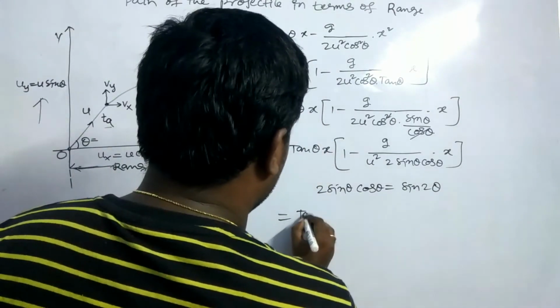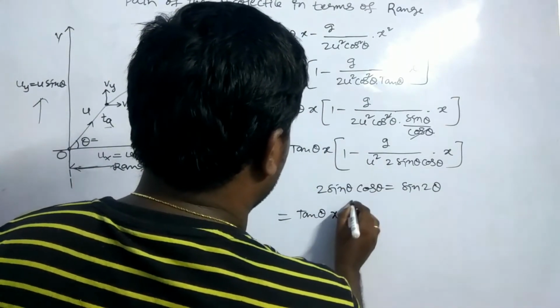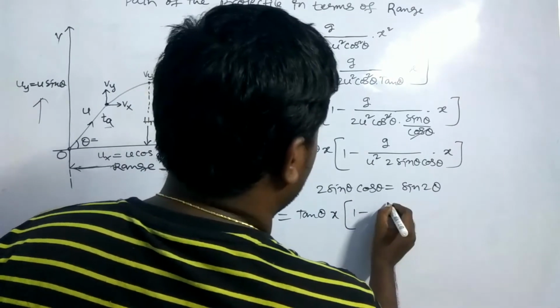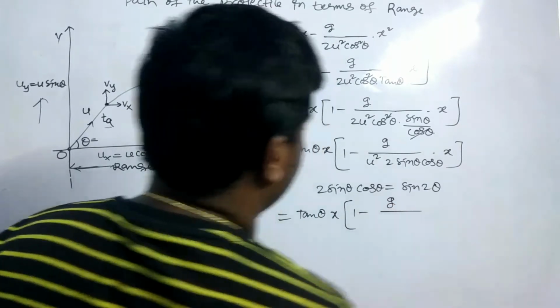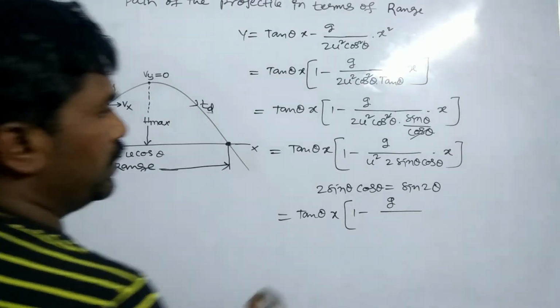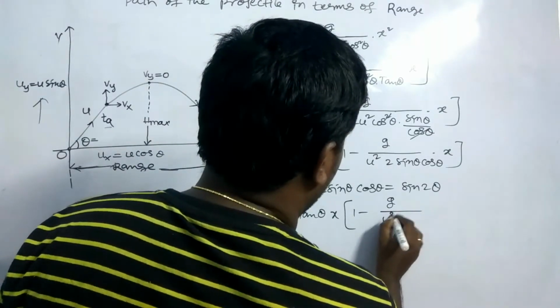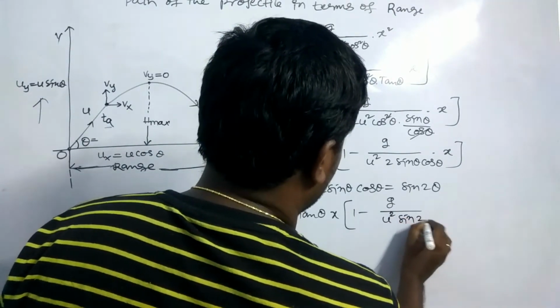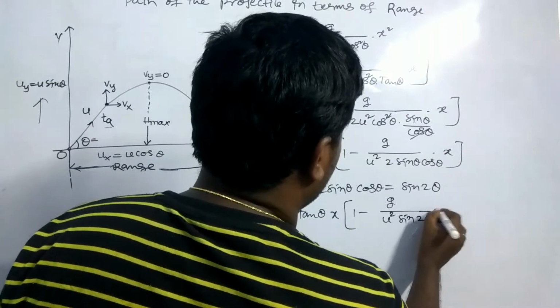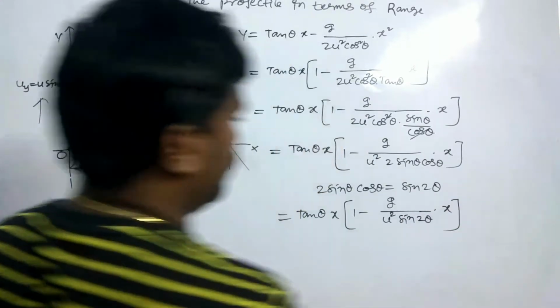So it is tan theta into x times 1 minus g by u square sin 2 theta into x.